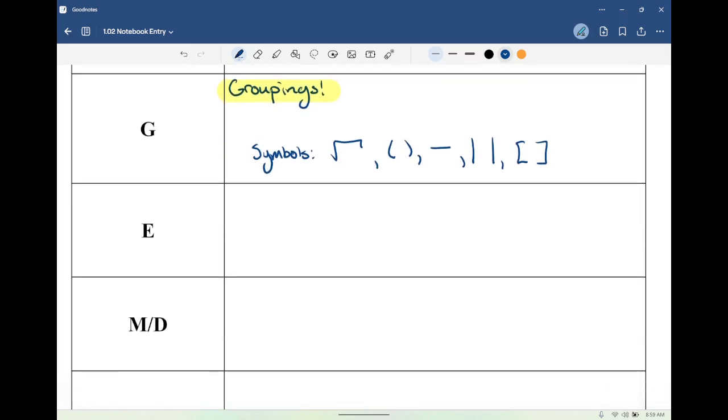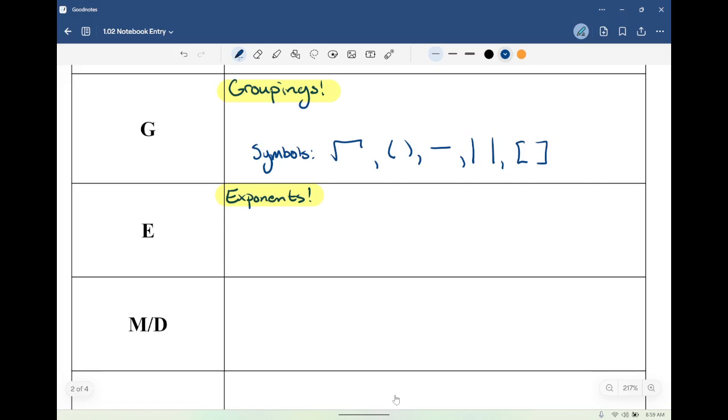All right, so that's our G. E, again, already named for us. These are exponents. And so if we have some sort of expression that has an exponent that we are looking to solve, the biggest thing is you just have to do the exponent first.